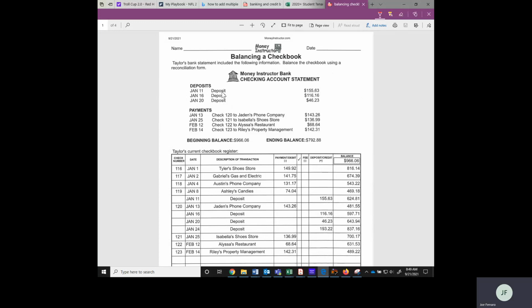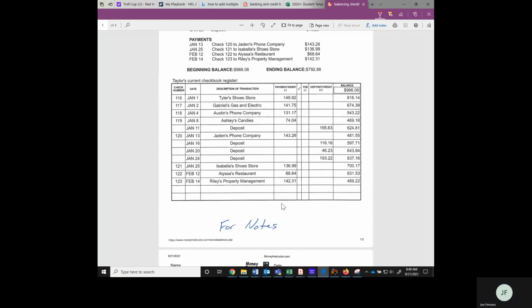Depending on the bank, they may not separate them like this. They may list them all in order, and you'd have to go through and check them off. They may put them by date. That would be the account statement. Down here would be your checkbook register.